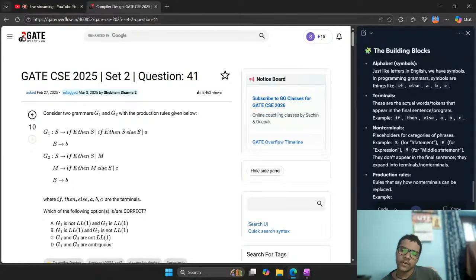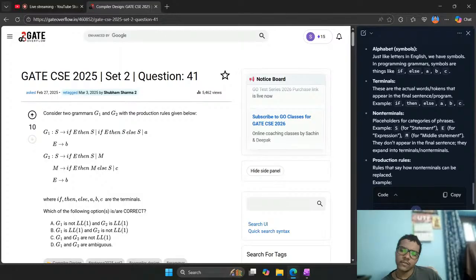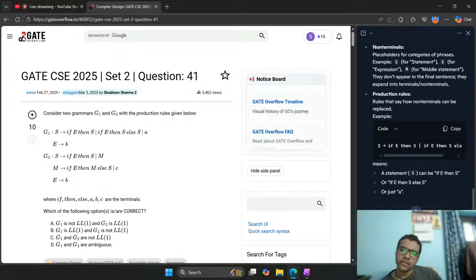They don't appear in the final sentence, they expand into terminals or non-terminals. Rules say how non-terminals can be replaced. A statement S can be if E then S, or if E then S else S.